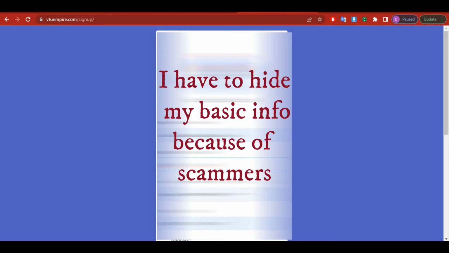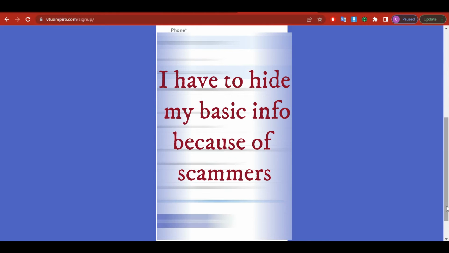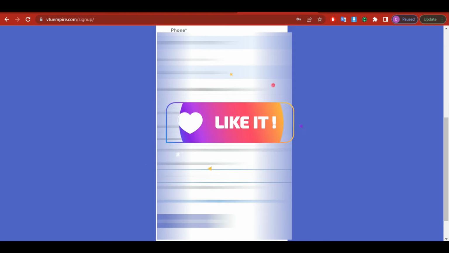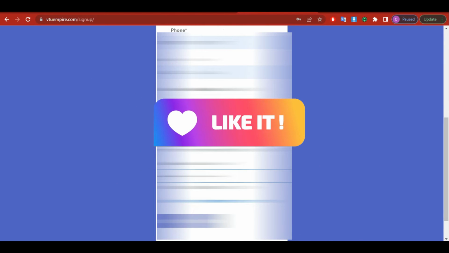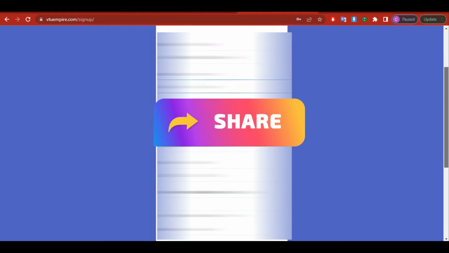Put in your details here and your address, referral name if you have one, then you type in your password, you confirm the password, you agree with the terms, and then you move on.